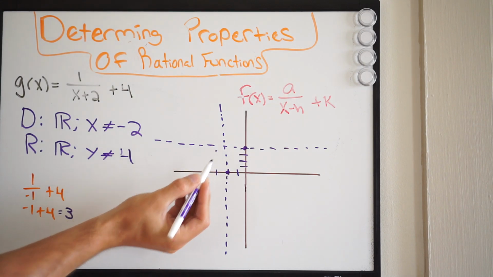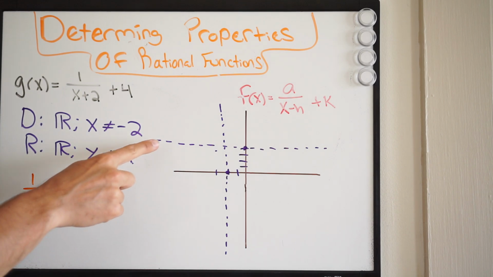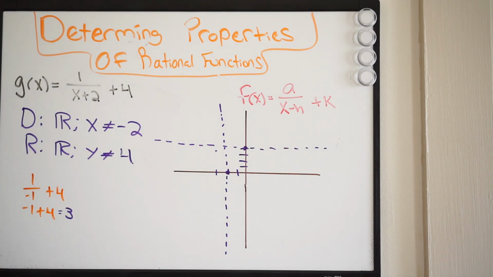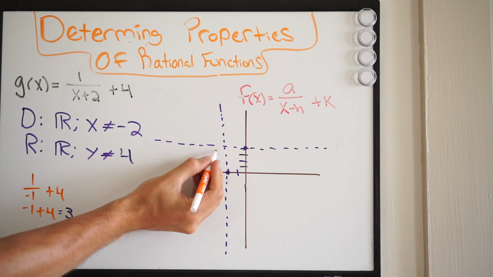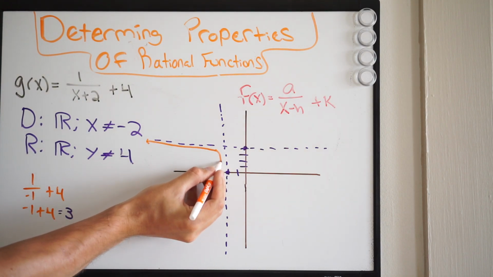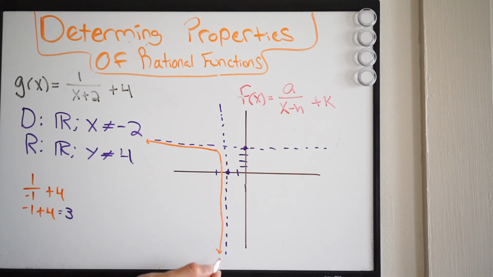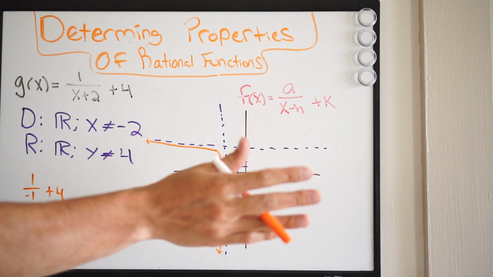Knowing that, we can now draw in our rational function by respecting both the horizontal and vertical asymptote. So we have the following. And again, those asymptotes are what the curve approaches but doesn't actually touch. Let's figure out the right side now.